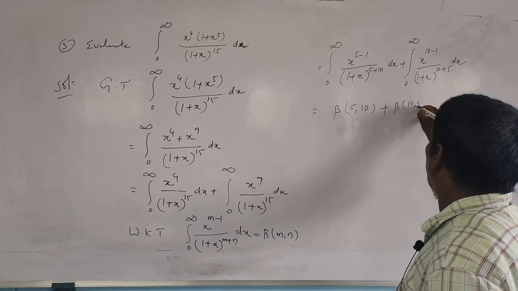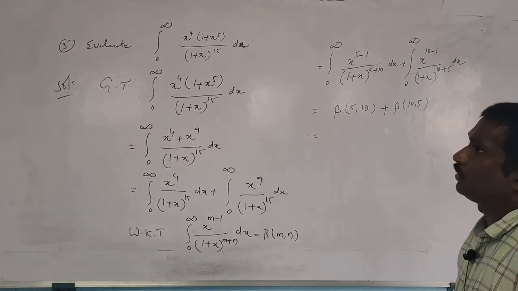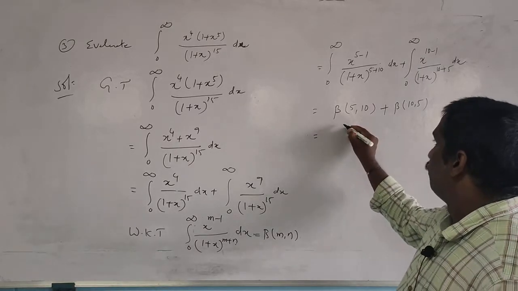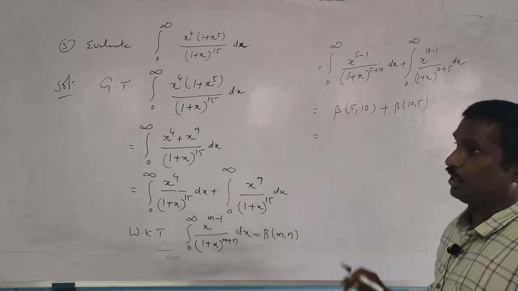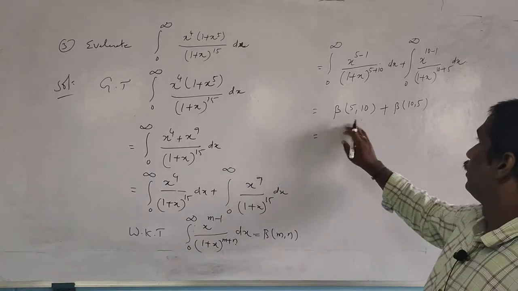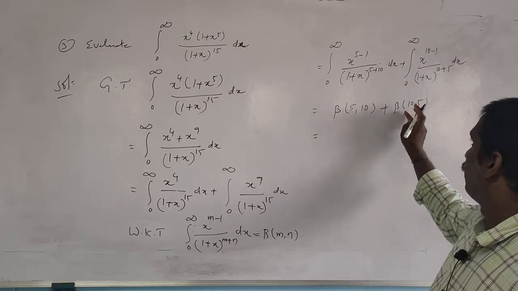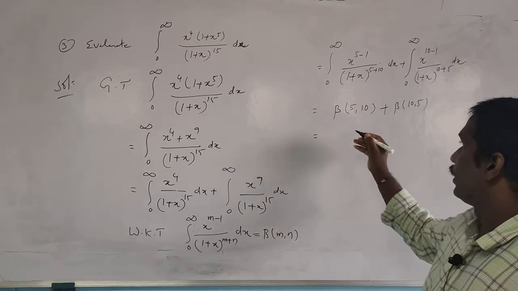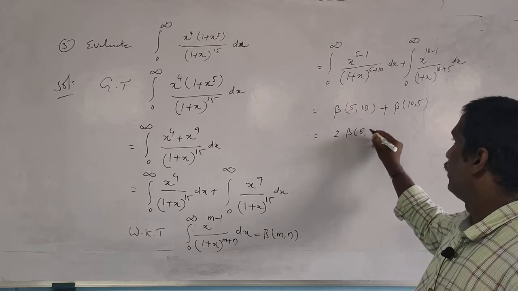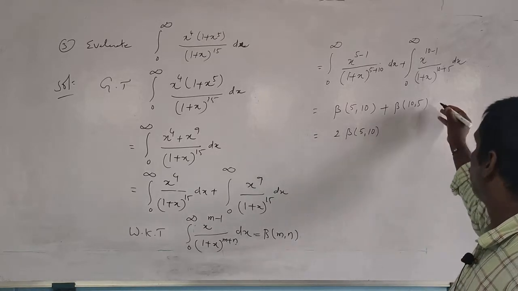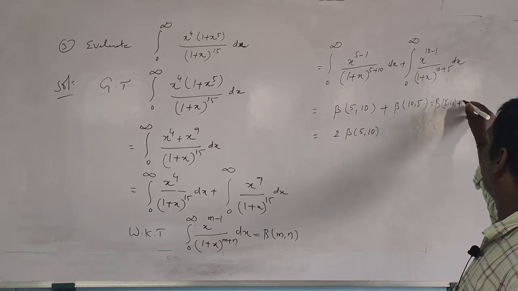So now apply the relation between beta and gamma function. Here apply the symmetric property: beta of m comma n equals beta of n comma m. So that can be written simply as 2 of beta of 5 comma 10, that equals beta of 5 comma 10 plus beta of 5 comma 10. Why?